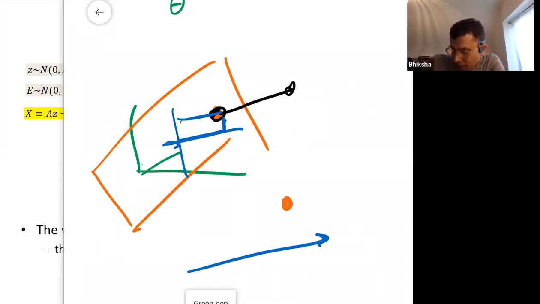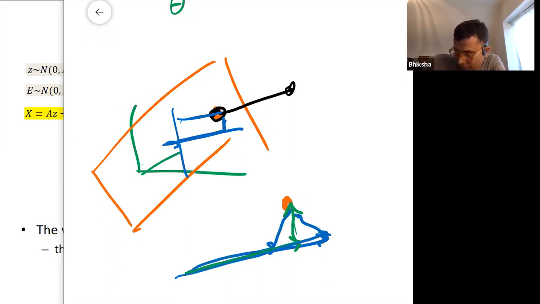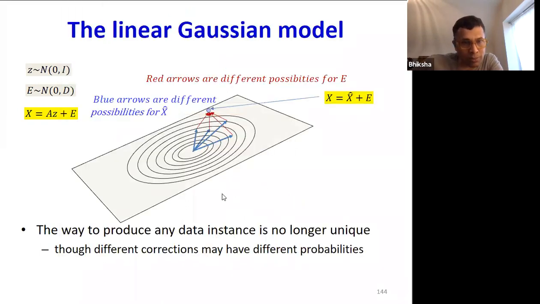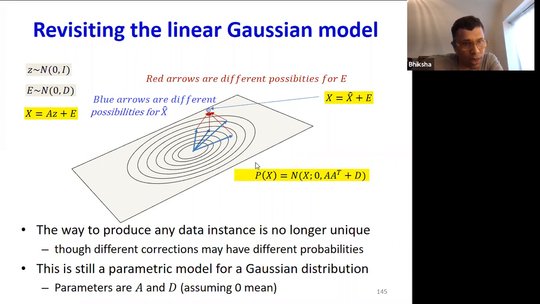You have to first come to this point exactly perpendicularly below this data point and then go up to it. In the new model, you could also have come here and then taken this step. You could have also gone here and taken this step. Because the noise is no longer required to be orthogonal to the plane, the way to produce any data instance is no longer unique.